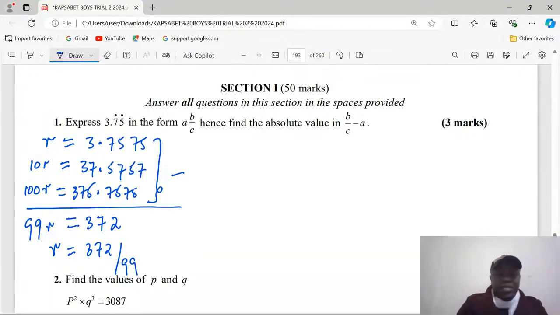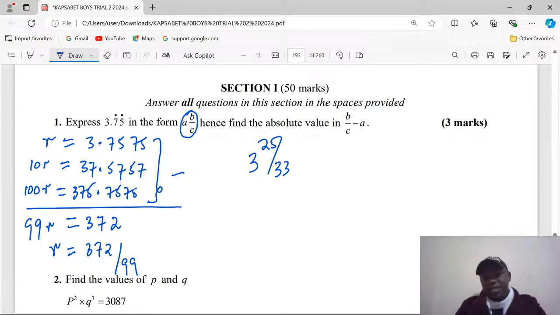So when we make it a mixed number according to the instructions, it shall be 3 25 out of 33. From this now, it is already in the format A, B over C.